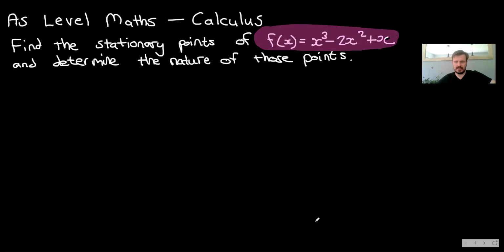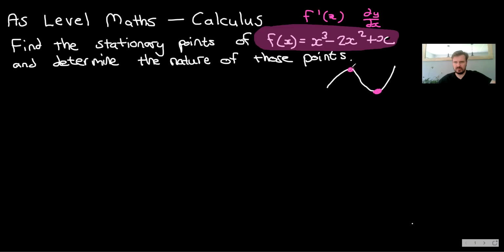Okay, we need to find the derivative first, which is our f dash of x, or sometimes written in your course as dy over dx. And then to find the stationary points, we make that equal to 0. Because remember, on a function, this is a cubic function, our stationary points are over here and over here, right?